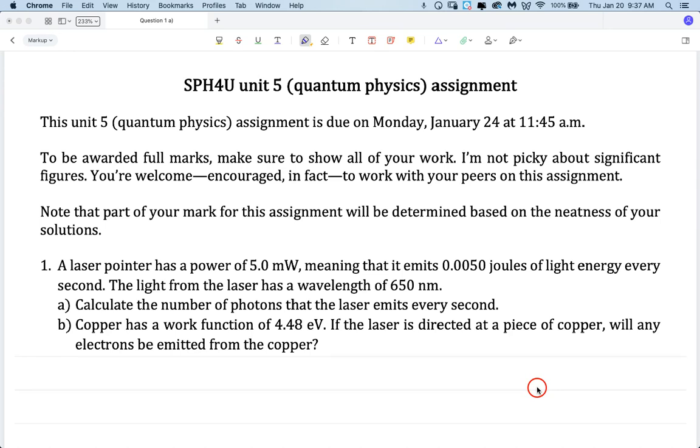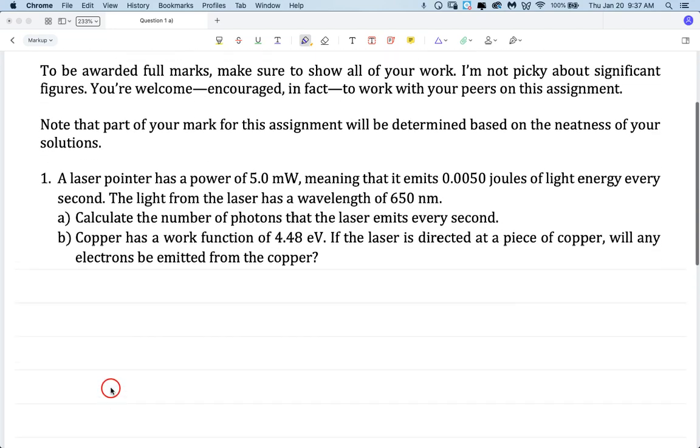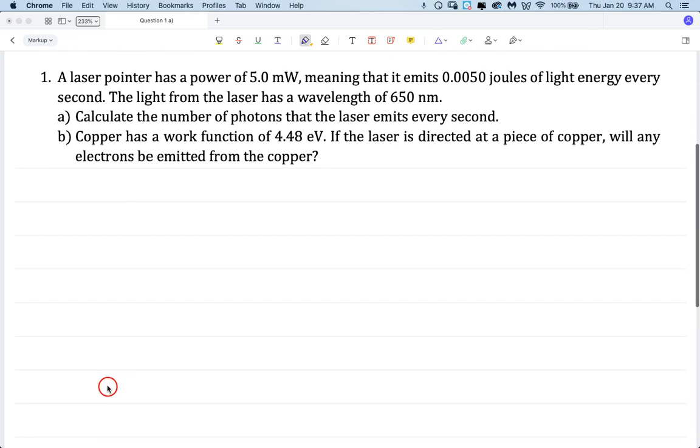So let's talk about question 1A on this Unit 5 quantum physics assignment. Question 1 says a laser pointer has a power of 5.0 milliwatts, meaning that it emits 0.005 joules of light energy every second. The light from the laser has a wavelength of 650 nanometers. And 1A asks to calculate the number of photons that the laser emits every second.